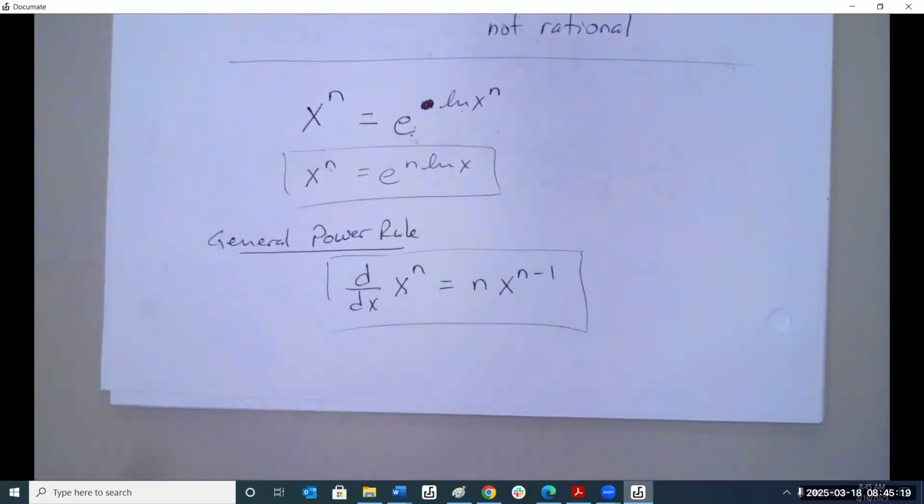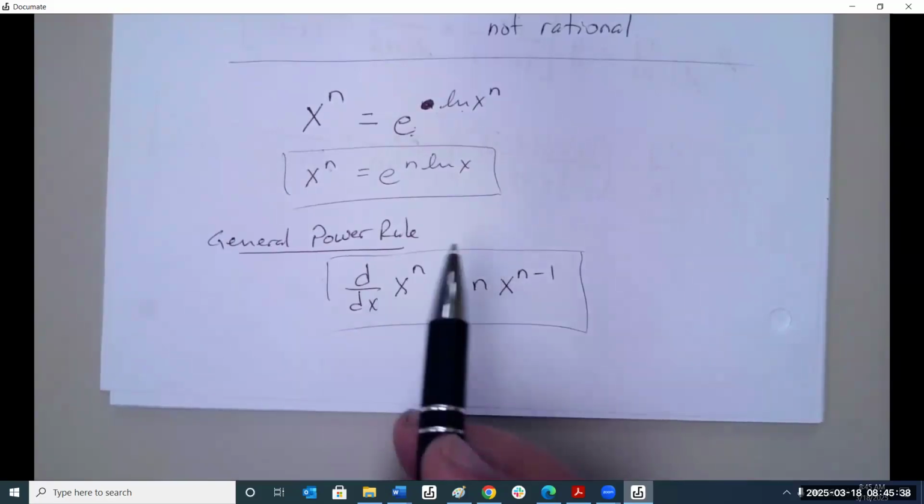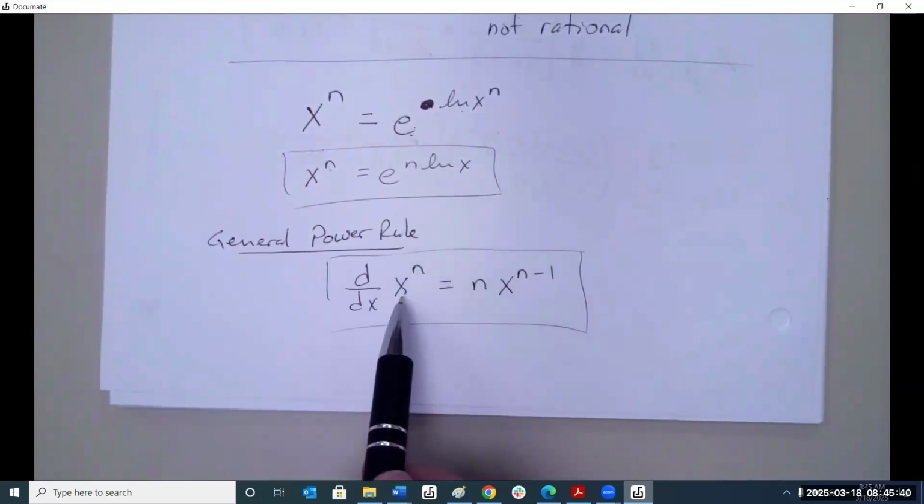That's the general power rule. How do we prove that? We've never proved it. How do you think we'd prove that? Let's see. So we're going to take the derivative of x to the power n.